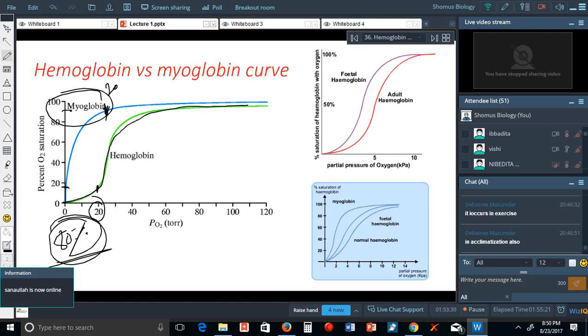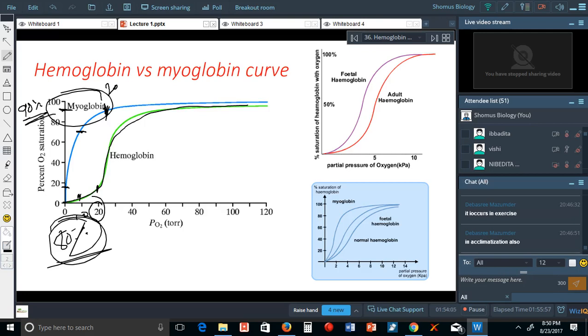But myoglobin was 90% saturated with oxygen at that very low oxygen pressure. Even if you drop the oxygen partial pressure to 10 torr, 75% saturation is still left in myoglobin. So what does that signify? It signifies that myoglobin can remain attached to oxygen for a long period of time compared to hemoglobin.